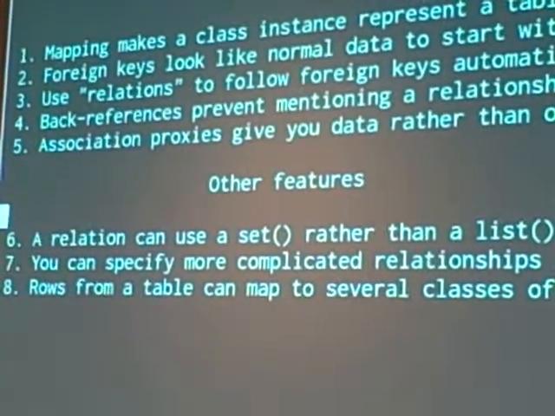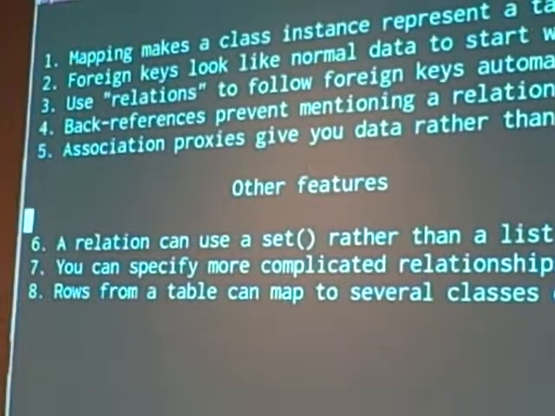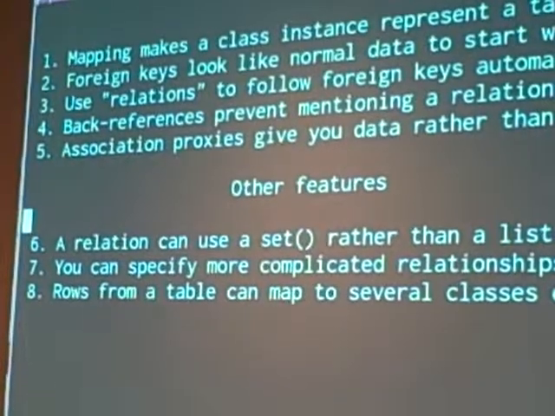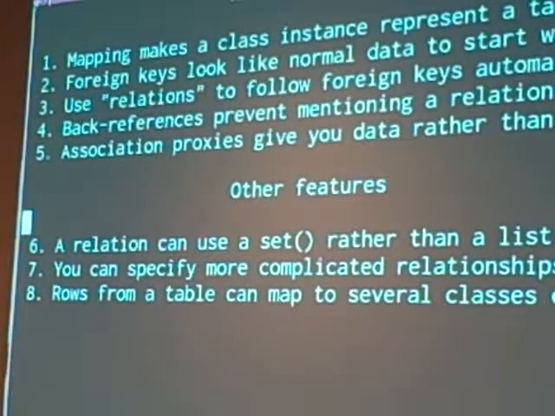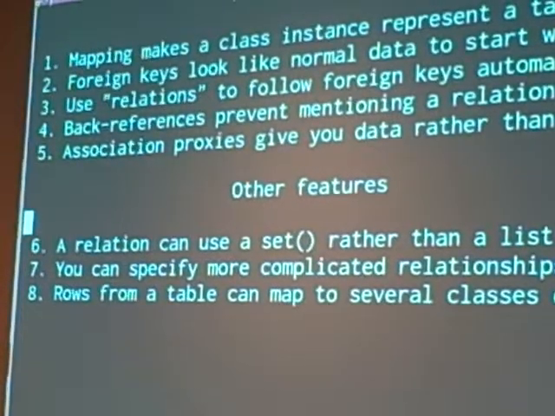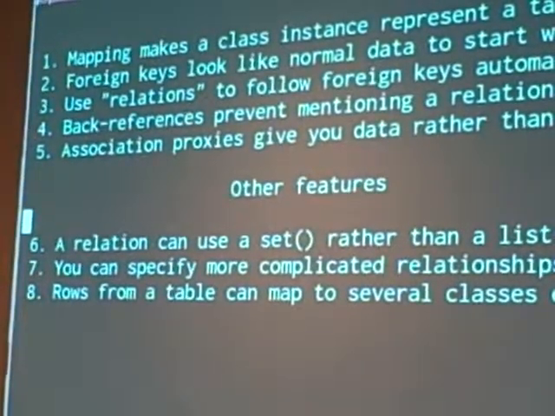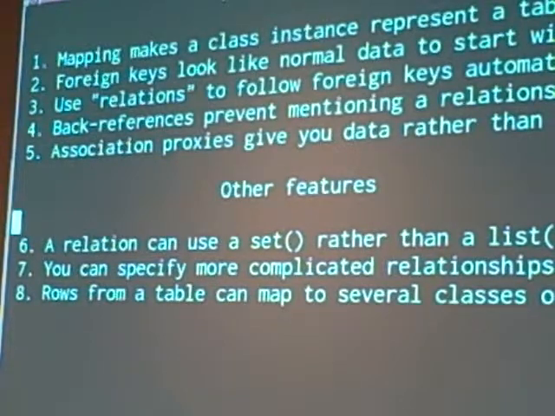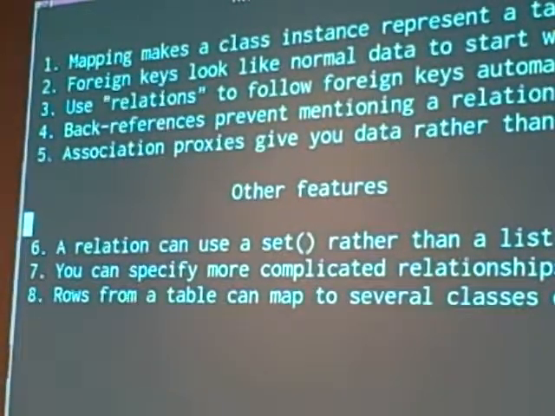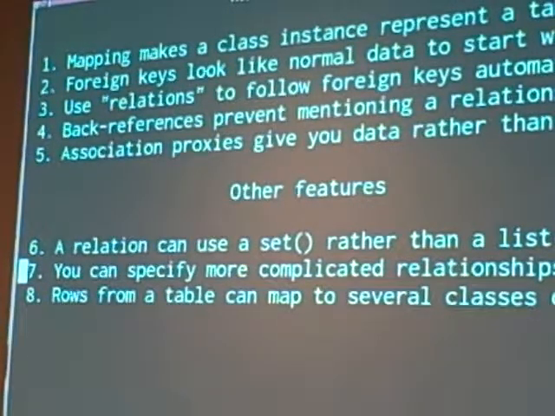I actually in my programs never use lists because lists have orders and relational database tables don't. You can do the same query twice and get things in a different order because databases are built to be very, very fast, not to keep things in the same order you insert them. So I like having sets because it reminds me that the database doesn't think of the table as having an order. Relationships can get much more complicated.